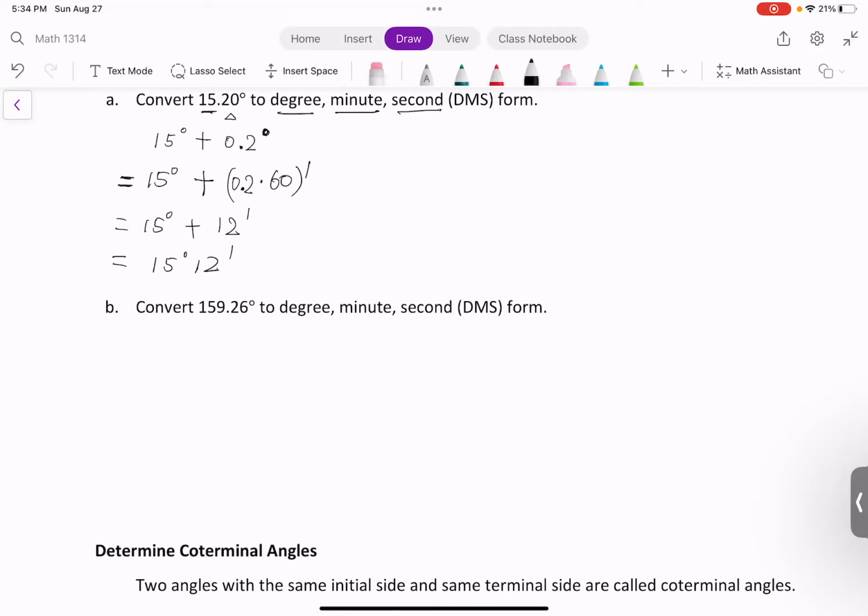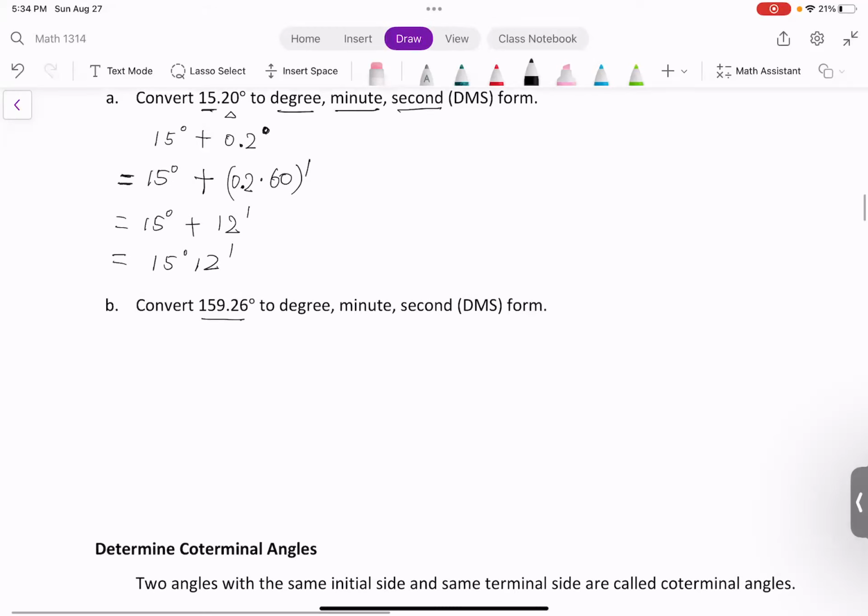Next one, let's break down this angle into the integers and decimals. I'm having 159 degrees plus 0.26 degrees. So 159 degrees plus, from the degree to minutes, what should I do? 0.26 multiply by what?